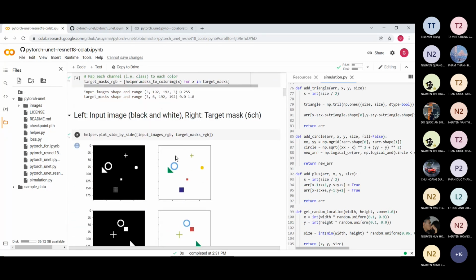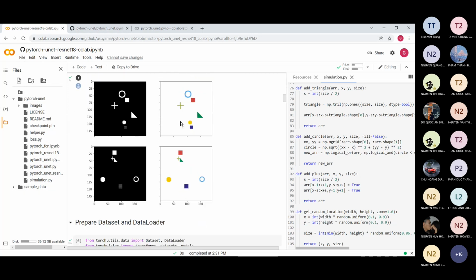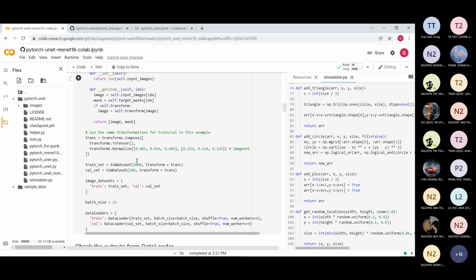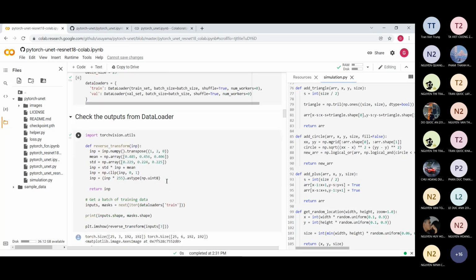They also visualize the simulated images. You see that here is the fake data set they use to train the model. Then they get the sim data set, the input of the simulation images we just talked about, load it into the data set and get the data loader.